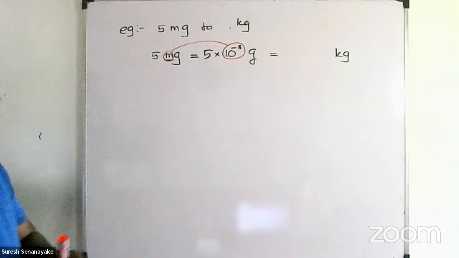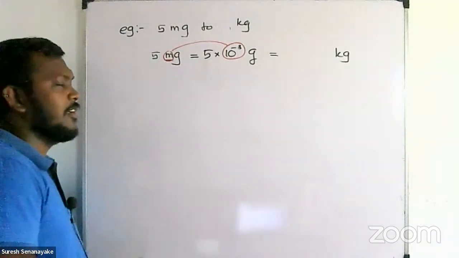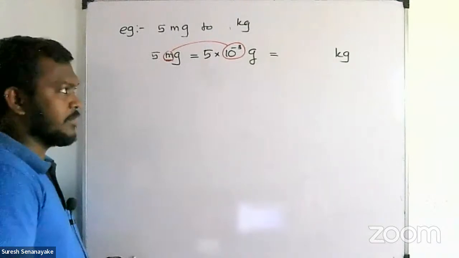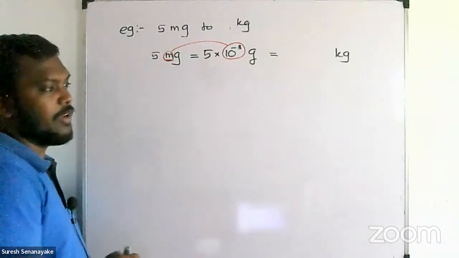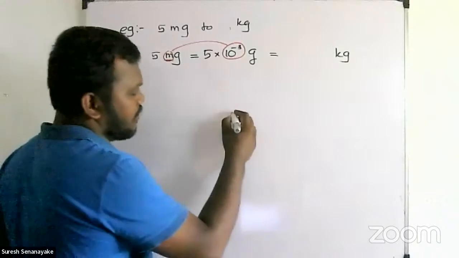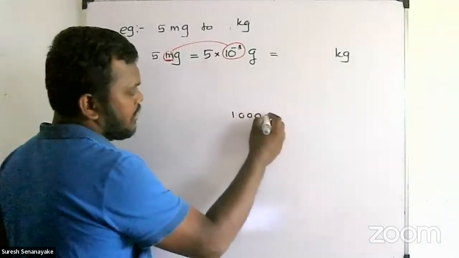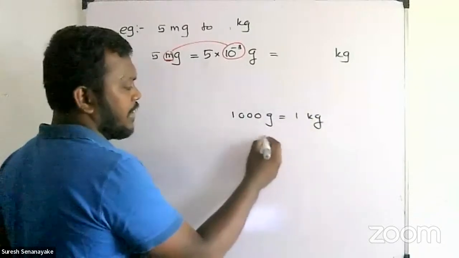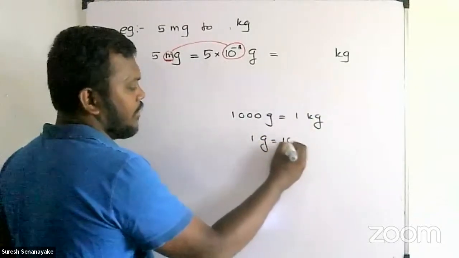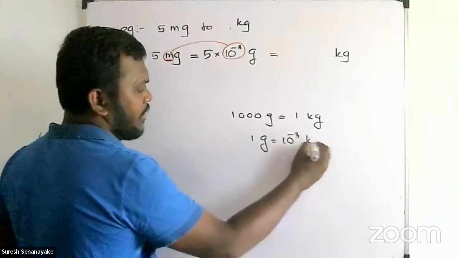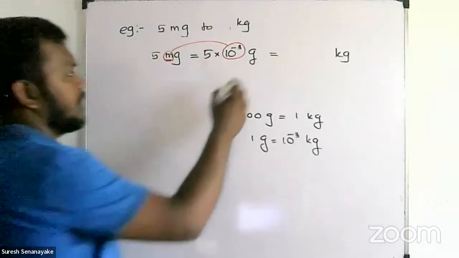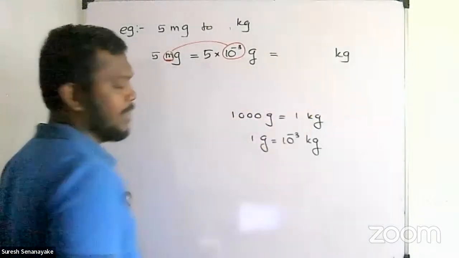How many grams are in 1 kilogram? That's 1000 grams. So 1000 grams equals 1 kilogram. Then 1 gram equals 10 to the minus 3 kilogram. So we convert this gram into kilogram.